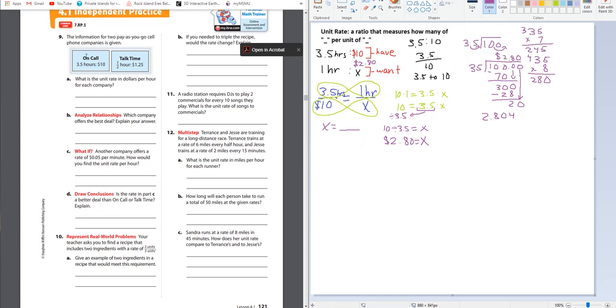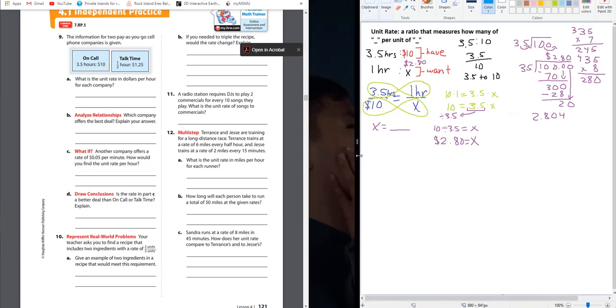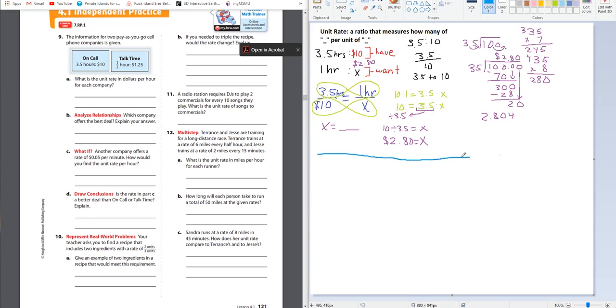So here, if we have talk time, I'm going to do talk time in blue. Why not? Okay. So talk time, the one that they gave us, is 1/2 hour to $1.25. Oh, that's so much nicer now that I zoomed out.